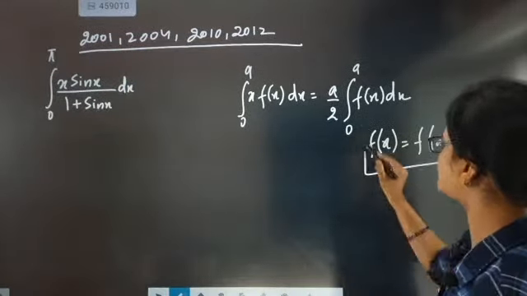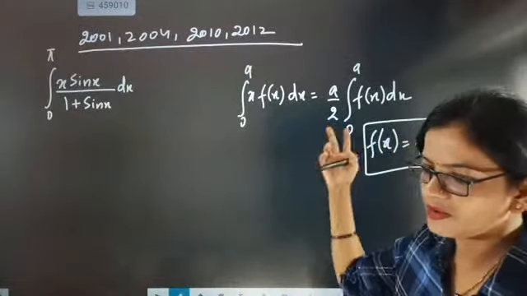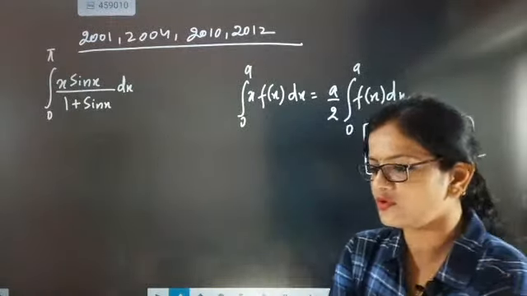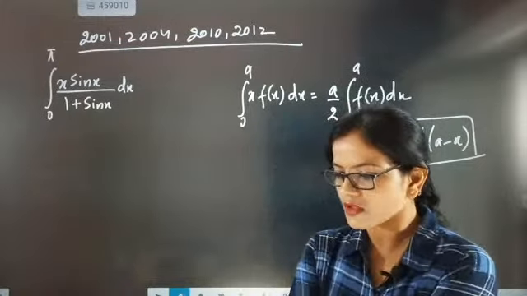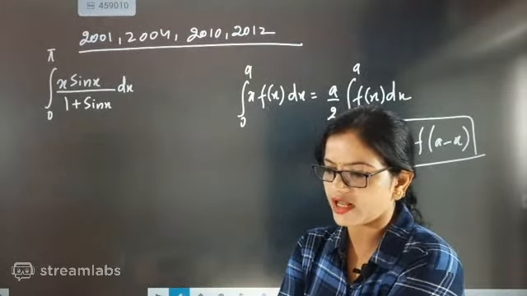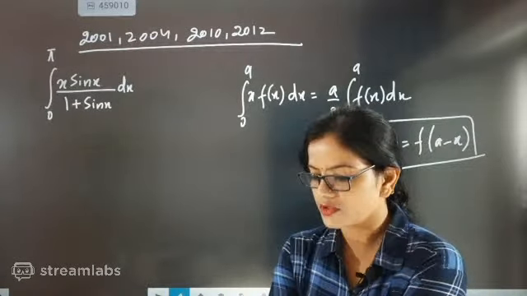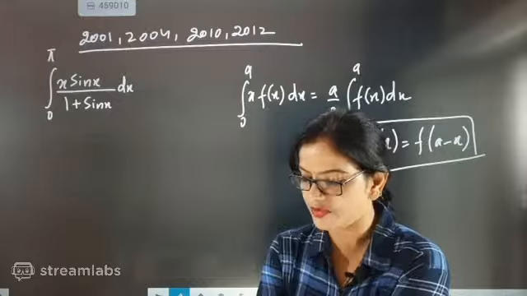For this condition has to be there, and then this part of the integral will be equal to this section. Either we can use this property directly or we can use 2-3 properties. It's totally up to your wish.